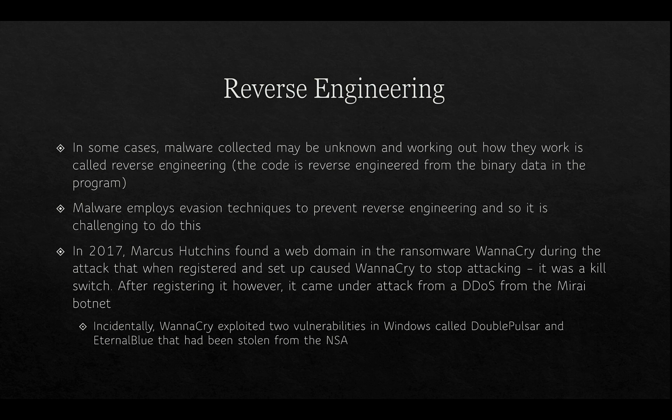WannaCry itself was unusual because it exploited two vulnerabilities in Windows called DoublePulsar and EternalBlue, and they had both been stolen from the NSA, the National Security Agency in the US.